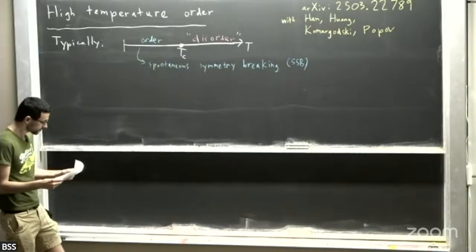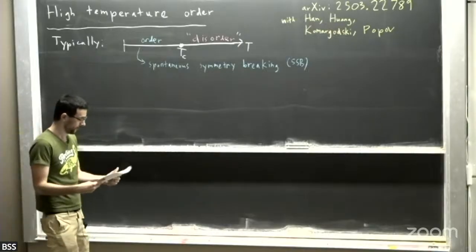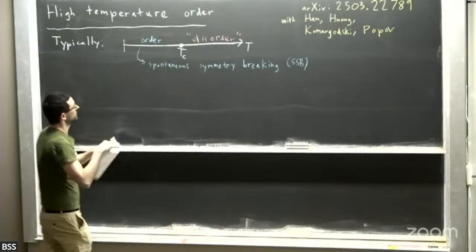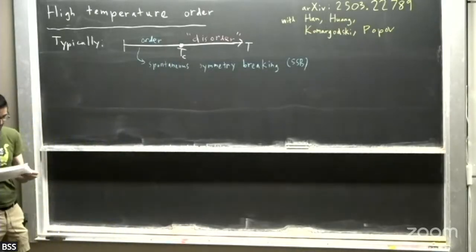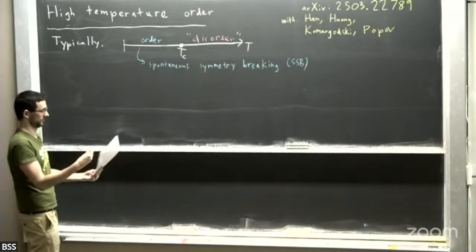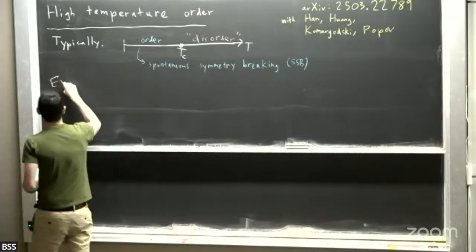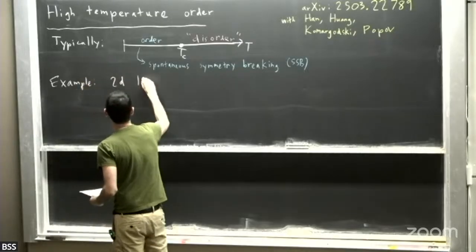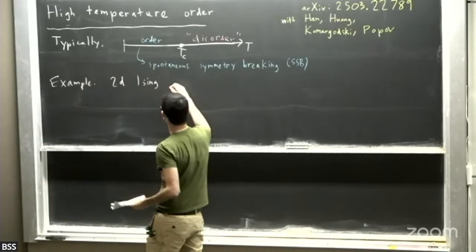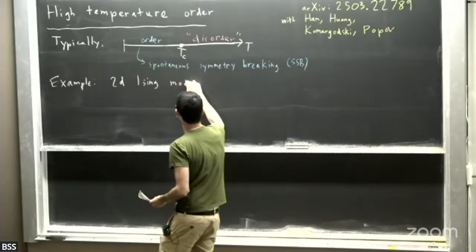Okay. All right, good. So to understand why this is the way that nature usually works, let's talk about a simple example. Let's take just the two-dimensional classical Ising model.